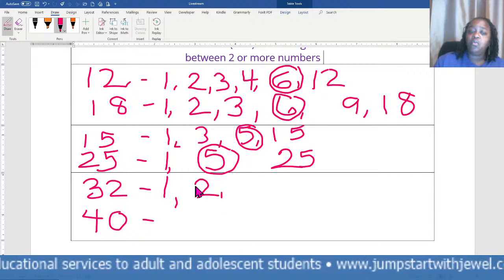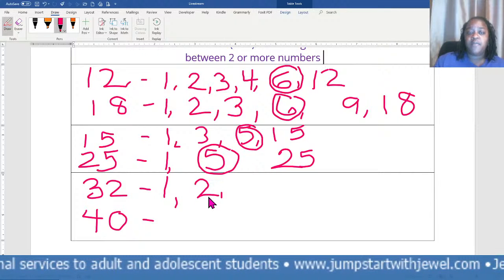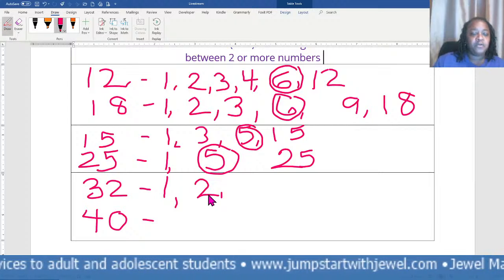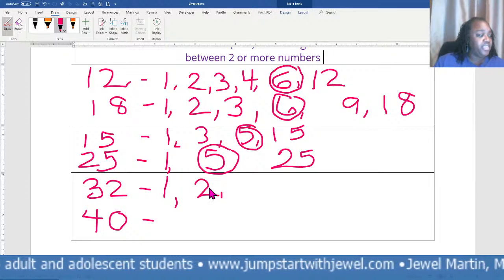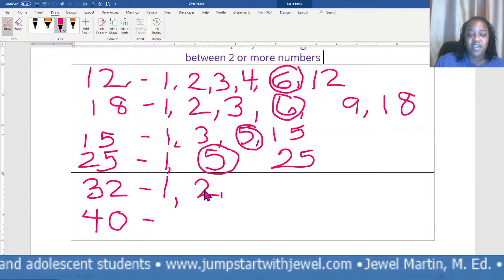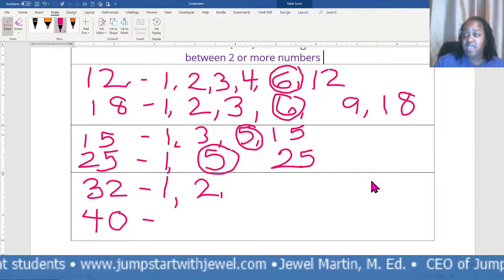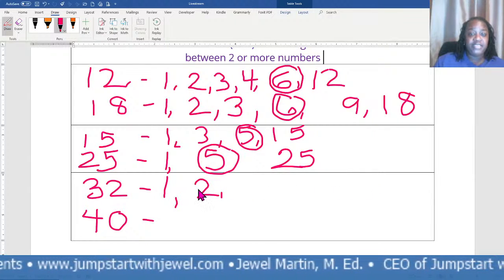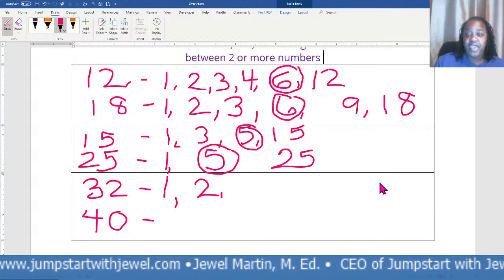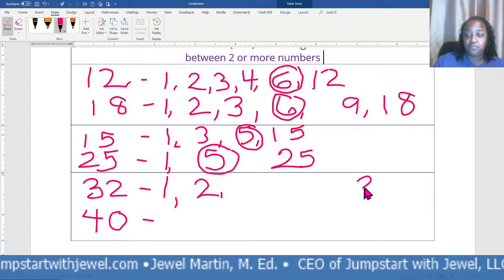Now, it may take you a while to figure it out. If you're not too familiar with your multiplication facts, you may have to count by twos to figure out what the other factor of 2 is. If you're good with it, then that's fine. So it's 2, and the other factor is 32.